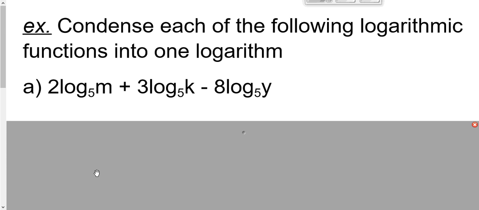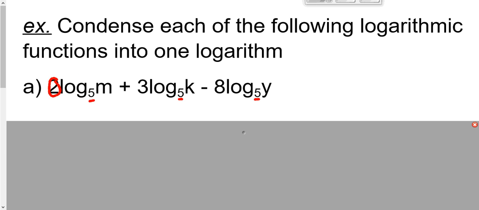So here we have 2 log base 5 of m plus 3 log base 5 of k minus 8 log base 5 of y. The first thing to check is make sure that all of these have the same base. They do, so I can combine them. Second thing, we always want to work our way backwards.